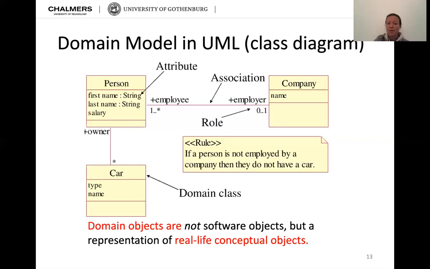And then there can be additional rules that are specified in these little comment fields. In this case, the rule says if a person is not employed by a company, then they do not have a car. Harsh. Okay, maybe they don't need a car. So first, understanding of what these class diagrams look like.